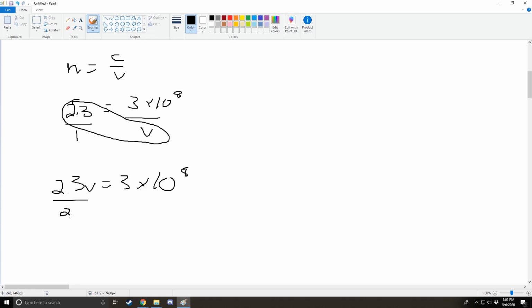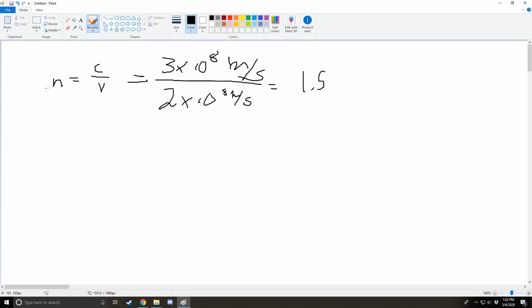Divide both sides by 2.3, and I get 1.3 times 10 to the eighth. I know I did this right because I get a speed that is less than 3. If you get a speed that is greater than 3, you've broken physics. And if you get an index of refraction that's less than 1, you've also broken physics.